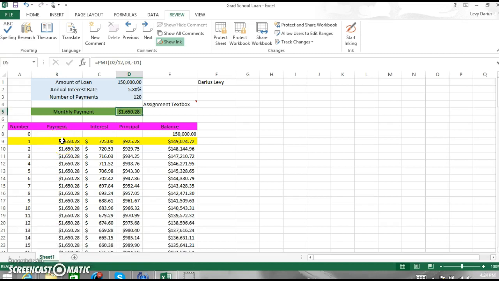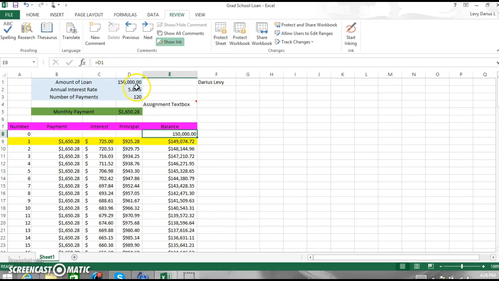Okay, after row 8, this is when I started putting in equations. For the balance, I put equals D1.